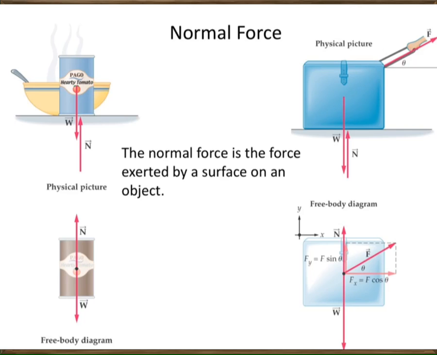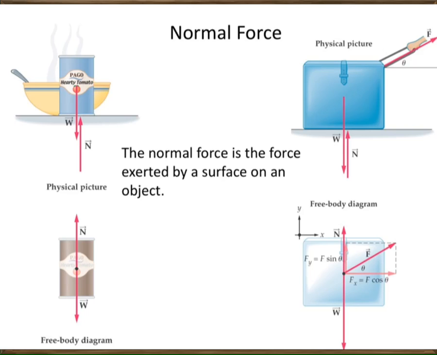And last thing, okay, the last type of force in this chapter is the normal force. Whenever you put an object onto a rigid surface, the object stays at rest even though it has a gravitational force acting down.